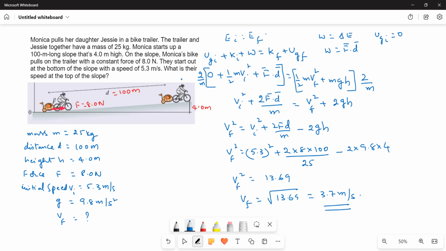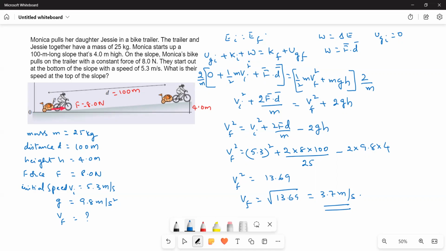We are taking Monica's bike and the slope, the entire thing, as the isolated system. So initially the object is at the reference point. At the reference point, the gravitational potential energy will be 0. And as the bike has velocity, it has kinetic energy, and work done will also contribute to the energy.